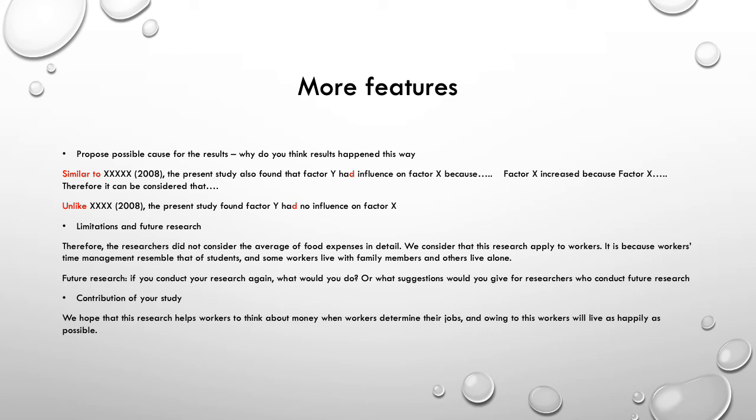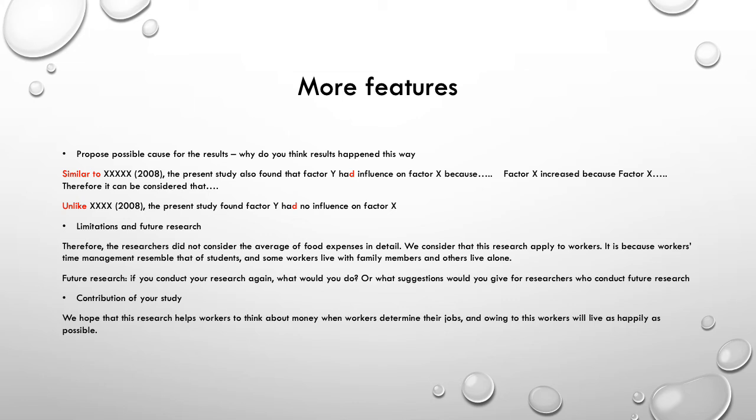You will then try to propose reasons for your result. Why do you think things happen this way? So similar to study A, the present study found that factor Y had influence on factor X because of something, and that factor X increased because such and such.